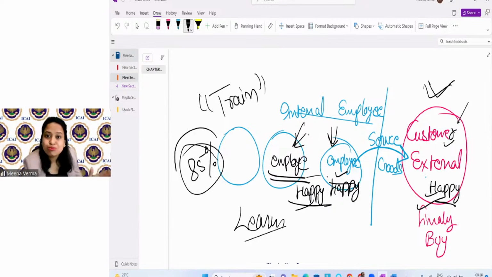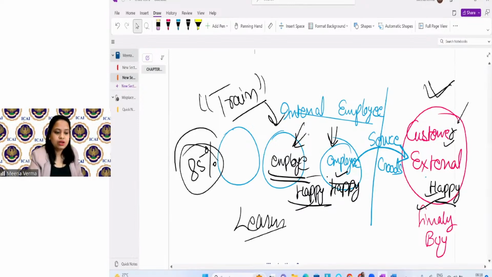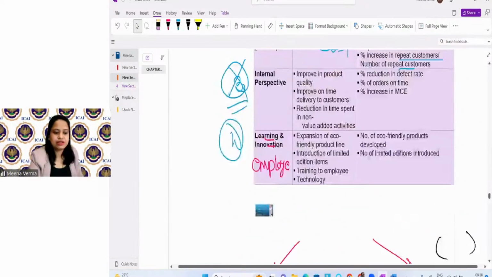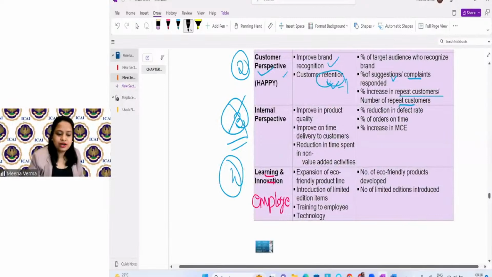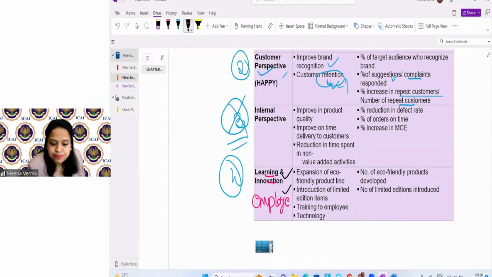It's not because the employee is not good. There is no fault of the employee. Don't scold him, okay? Improve your process first and provide the training to the employee to work in that improved organization. So for that reason, we need to provide training, learning, and innovation for the employees.